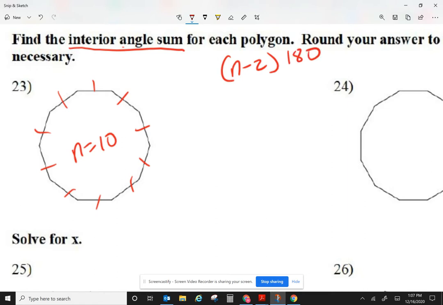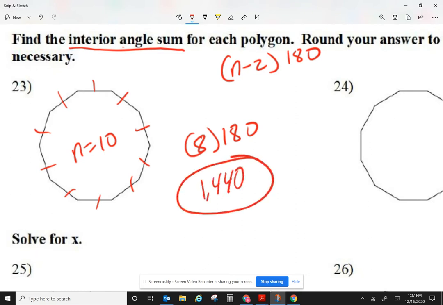Because I had 10 sides, I'm going to go 8 times 180. Remember, 10 minus 2, that's how I got the 8. So I'm just going to go 8 times 180, and I get 1,440. All the angles on the inside must add up to 1,440.